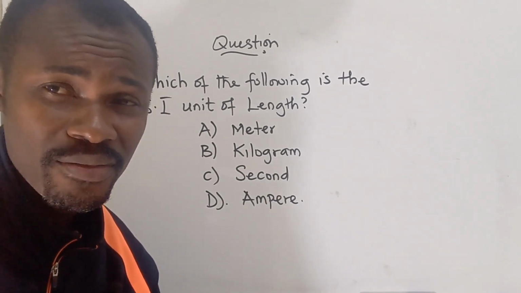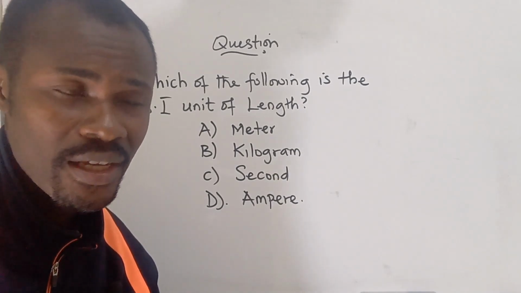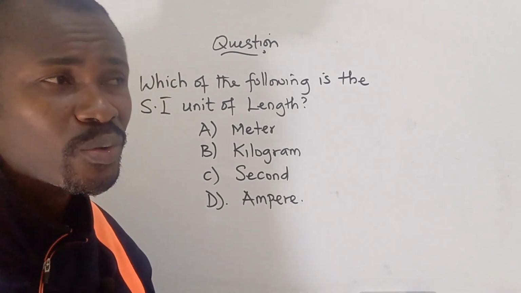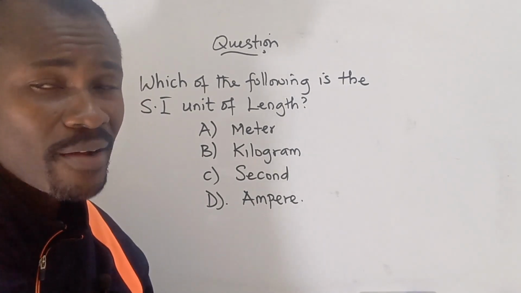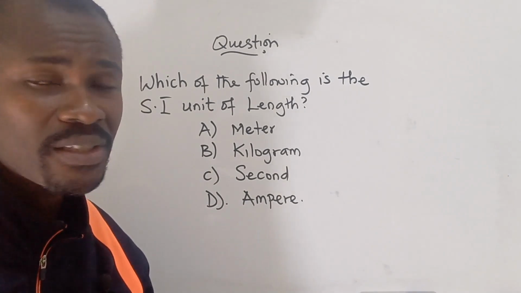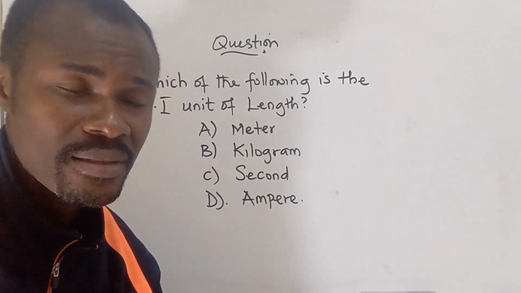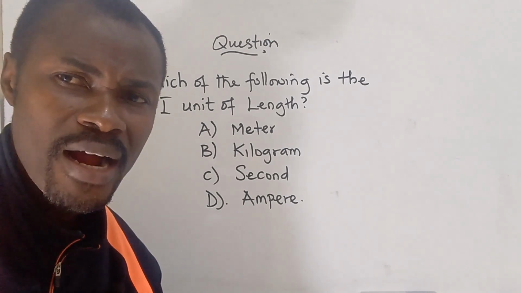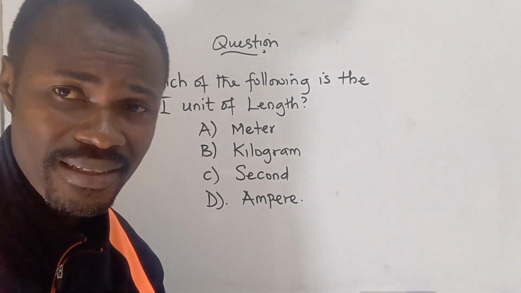Basically, we have 7 fundamental quantities: length, or distance, mass, time, temperature, amount of substance, electric current, and luminous intensity.